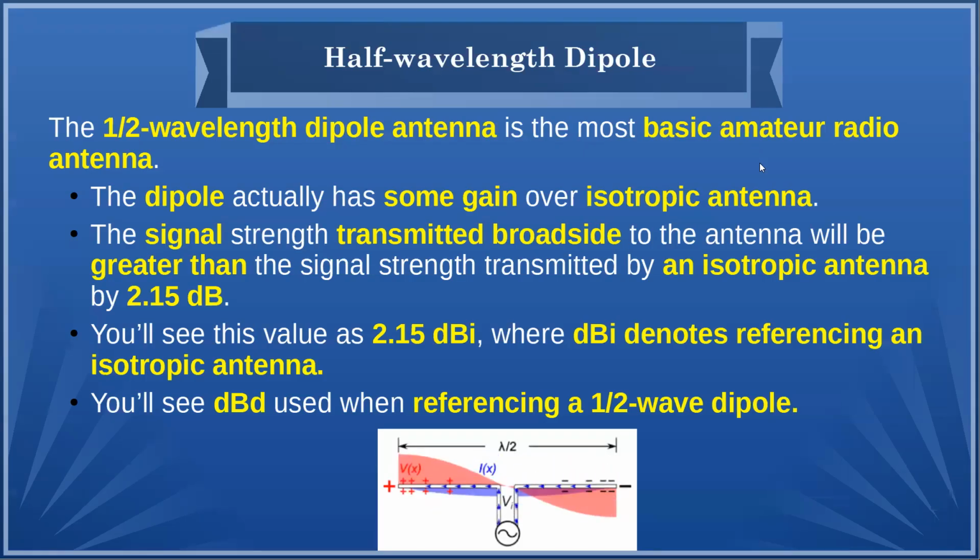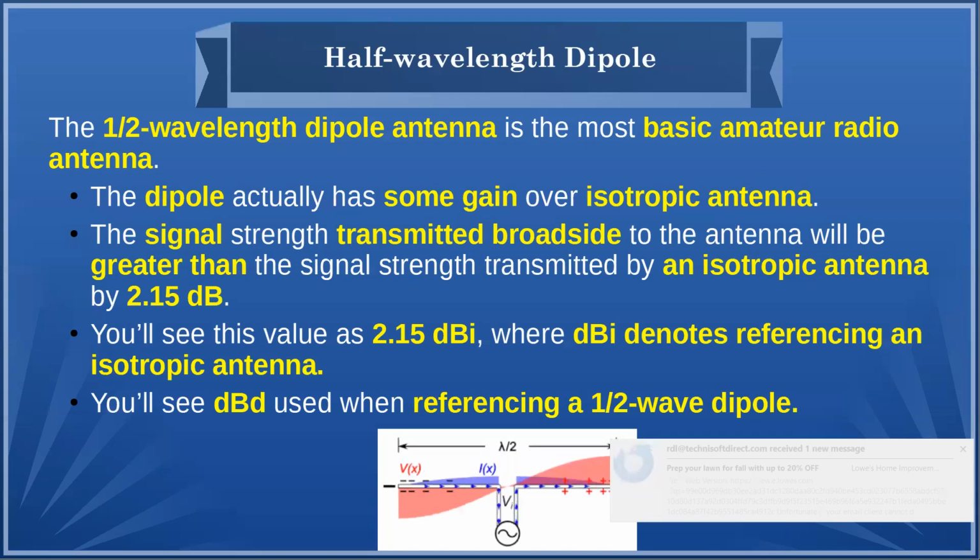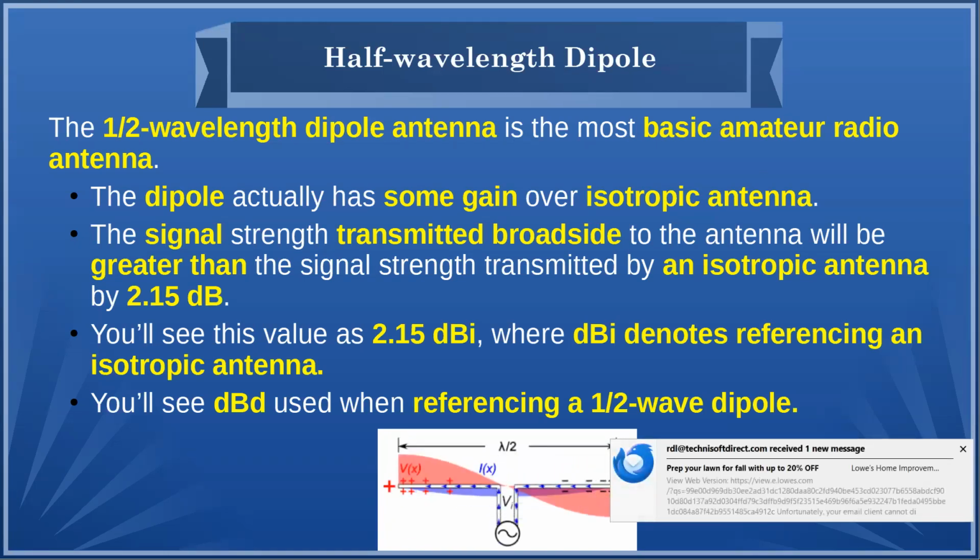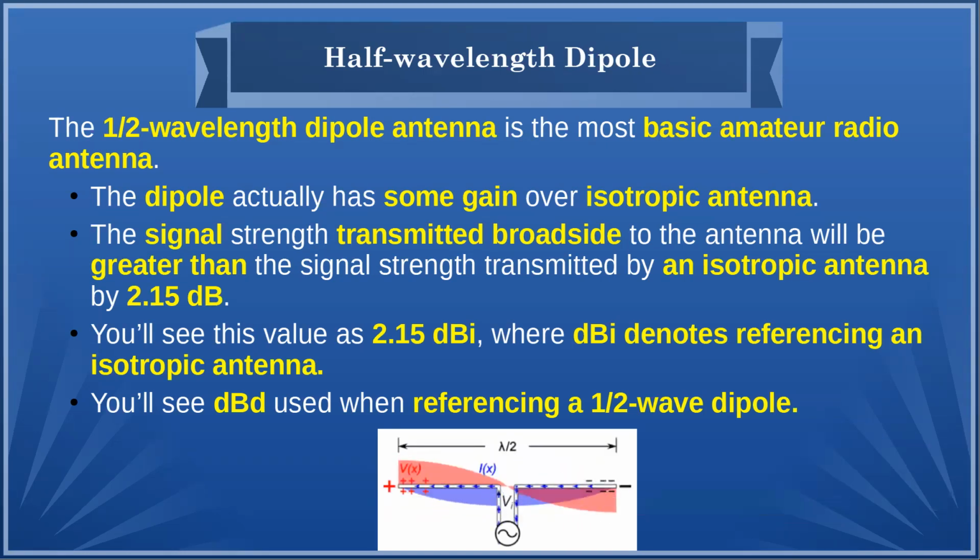Okay, the next one, most of the antennas are essentially some form of a half-wave dipole. Even a vertical quarter wave has the other half of the dipole in the ground or in radials or the ground plane. Like I said, it has some relative gain over the isotropic because it is somewhat directional.